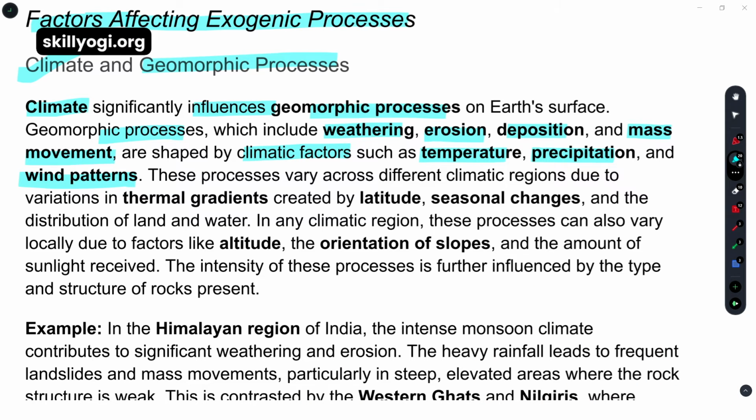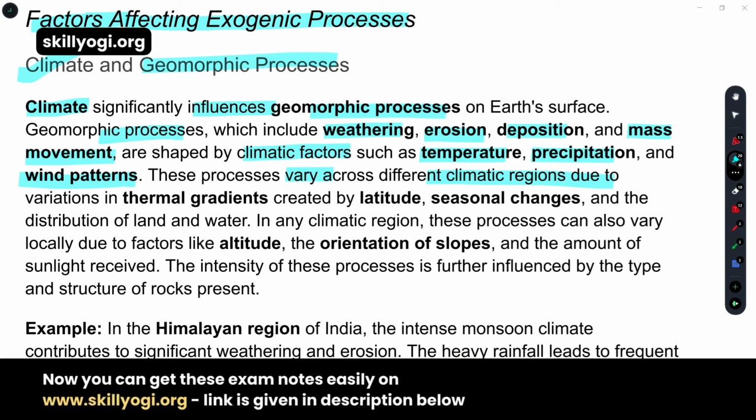So these are the processes through which the climatic factors are working. These processes vary across the different climatic regions. Yes, in hot regions, in cold regions, in high or low humidity regions, in all places we cannot have the same kind of landforms formed. So there are variations in the thermal gradients created by latitude and seasonal changes.